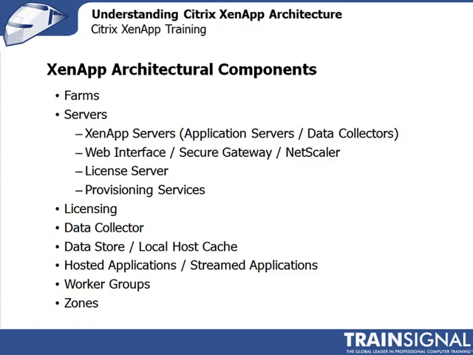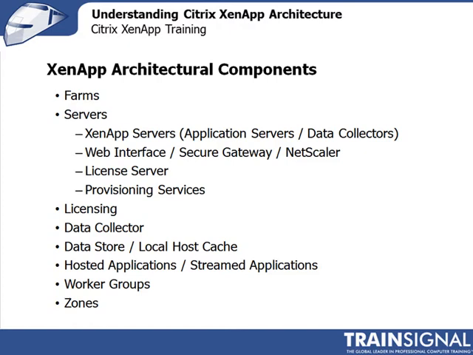Then you have the data store and local host cache. The data store is the database that is available on a remote server that all of the XenApp servers connect to for configuration information. Now, the local host cache is typically an access database that is available on every one of the XenApp servers that holds a portion of the main data store database.